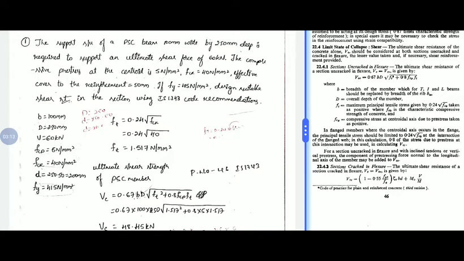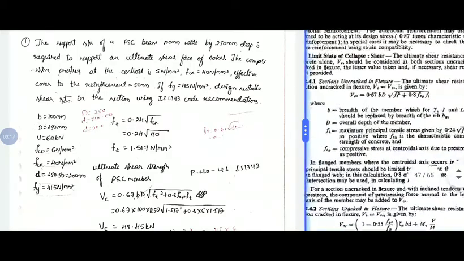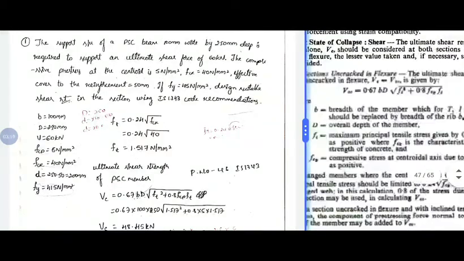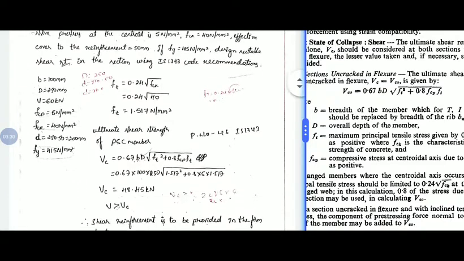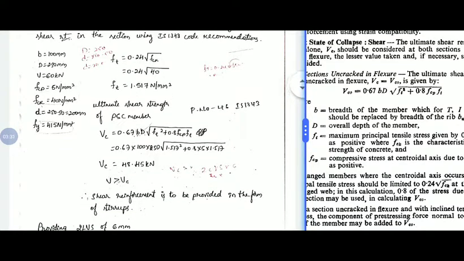So, ultimate shear strength of PSC members. Again on the same page you have the formula: VCO is equal to 0.67 BD square root of Ft square plus 0.8 FCP Ft. So substituting all the values, we will get the VC value, 48.45 kilonewton.